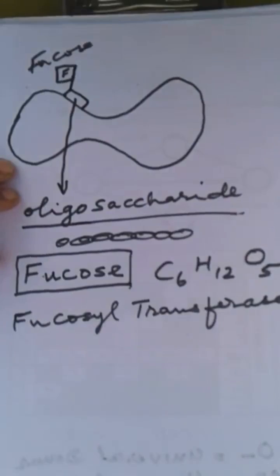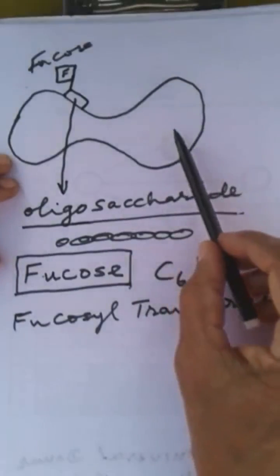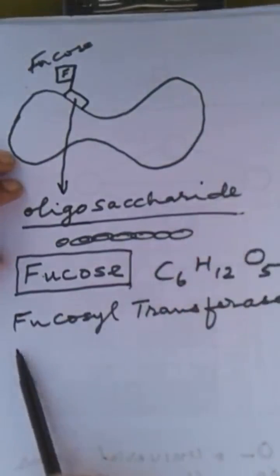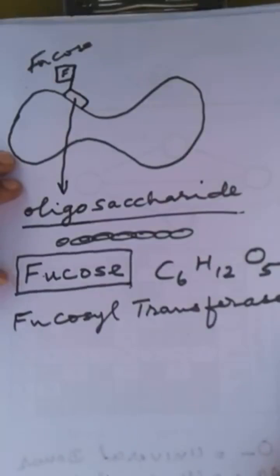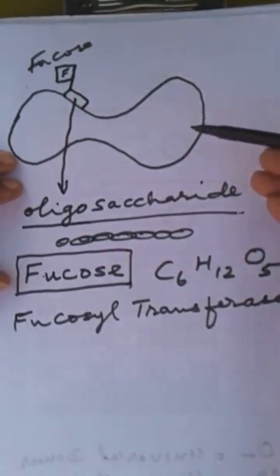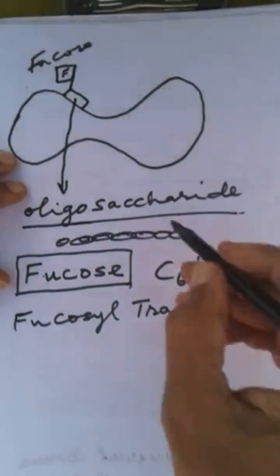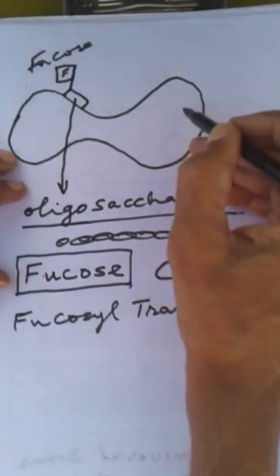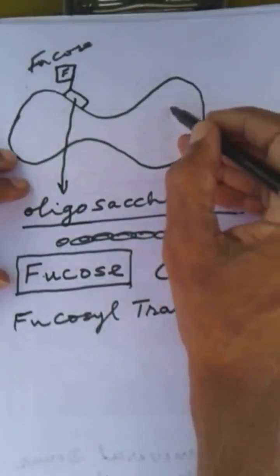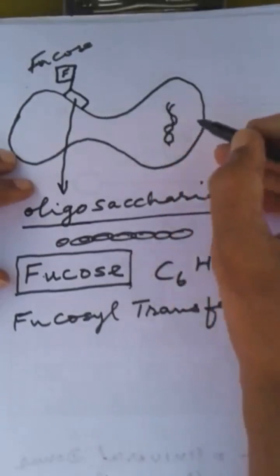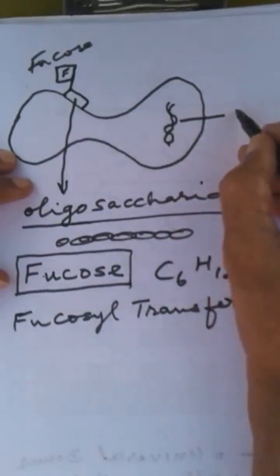So, at the developmental stage, there was a nucleus, and from that nucleus, this fucosyl transferase enzyme was produced by the expression of that particular gene. And that gene is seen in chromosome number 19.